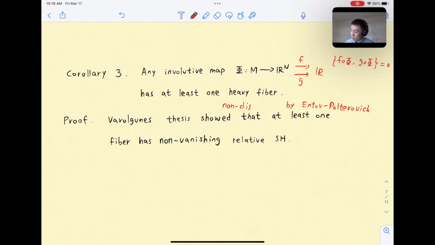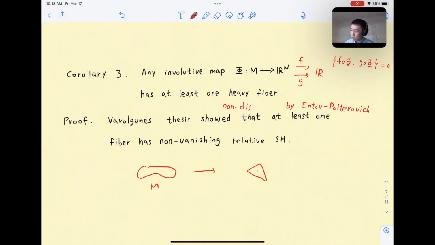So the argument is the following: suppose we have this M, and it maps to some compact region in R^n. Then suppose on the contrary, we don't have any heavy fiber. Then since heaviness is defined by spectral invariants, which are in some sense continuous, for each point we have a small neighborhood such that the pre-image is also not heavy. Then we have a cover of M by non-heavy regions.